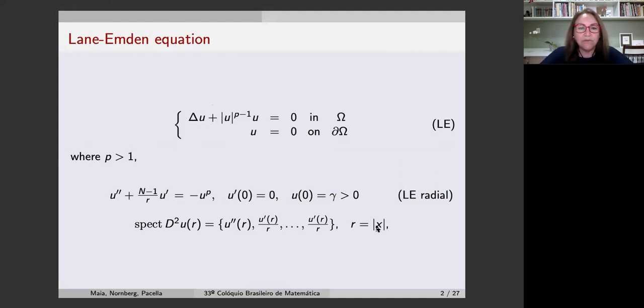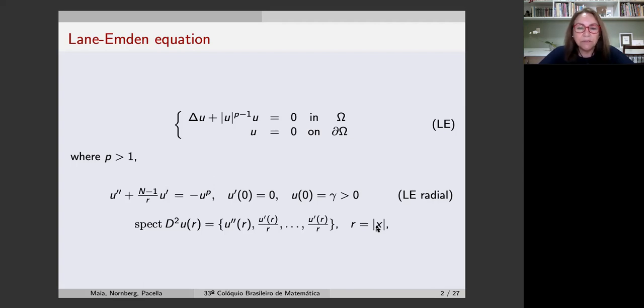Changing the variables to radial variables, we get the equation in the radial form: u'' plus (n minus 1)/r u' equals minus u to the p. If it's a regular solution, we're going to assume that u(0) is gamma positive and u'(0) is 0.